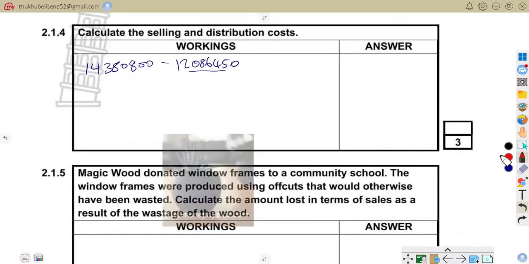So this will give us 162,240. That is our answer. So that is that. So now we are to move on to 2.15.